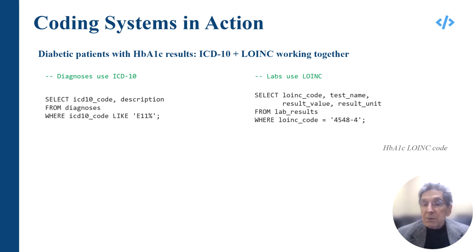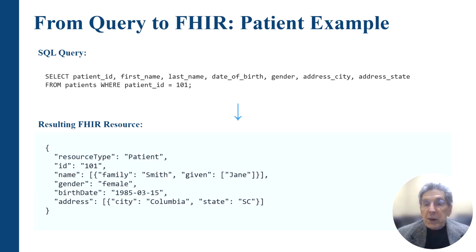When you create a FHIR Observation for a hemoglobin A1C, the code element uses LOINC with the appropriate system URL. The coding systems you query in SQL are the same coding systems that you use in FHIR. So let's trace the complete flow from SQL query to the FHIR resource. This is how we integrate our code.